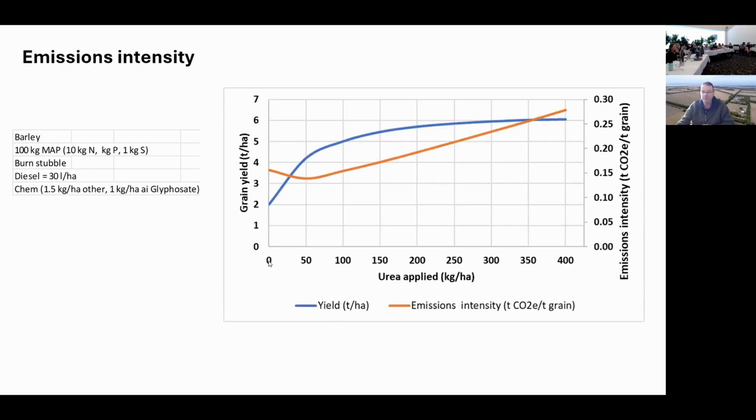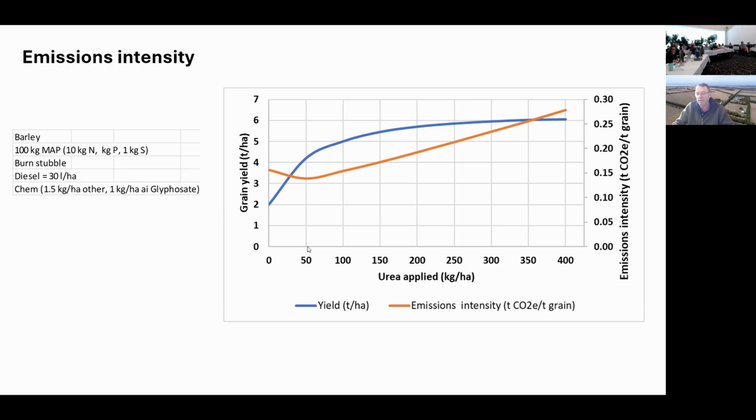But what I did was look at the yield of the crop with different rates of urea fertiliser. Now, this is a made-up line. This is a made-up yield response line. You may have better ones that you can use yourself. I just wanted to show you more the concept than anything else with urea and emissions intensity. So if you ignore the orange line for a tick, this is our grain yield here. So I've said where we put no urea on, we get a 2-tonne crop.